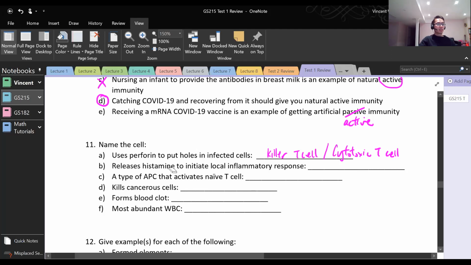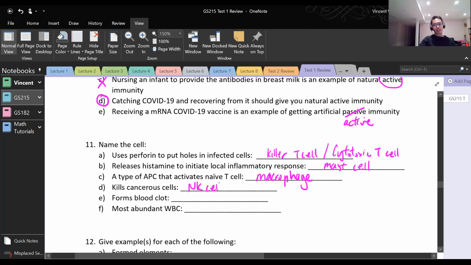Next one should be easy. Releases histamine to initiate a localized inflammatory response. That would be mast cell. A type of APC that activates naive T cells. We only learn one type of APC. That's macrophage. Kills cancerous cells.